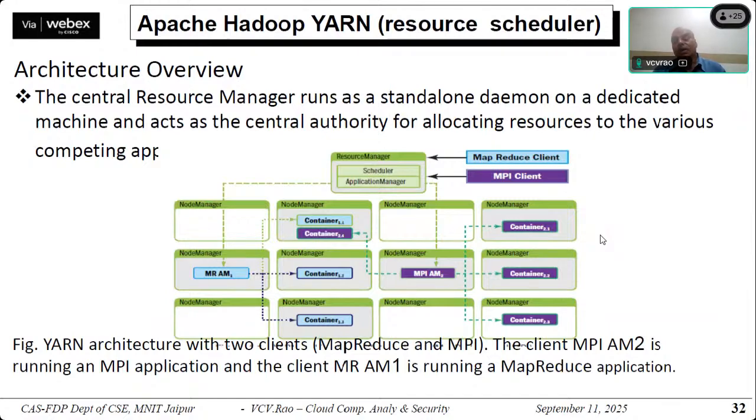That means the central resource manager in Hadoop MapReduce automatically handles non-MapReduce jobs, that is MPI jobs, as well as MapReduce jobs. All these things are done very well by the scheduler and application manager.